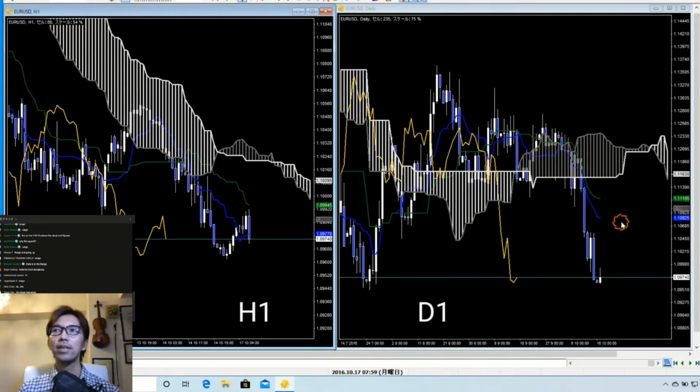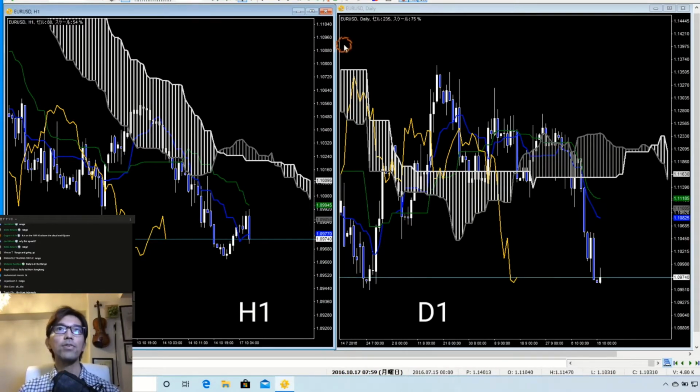Okay, you see now the Kumo has been twisted, right? The Kumo twisted earlier and it started to point down. And also you see that Tenkan-sen and Kijun-sen have been going down, and also the Chikou span is way below these candles. So at this stage right now, we can still think that this is the beginning of the downtrend in a daily chart.